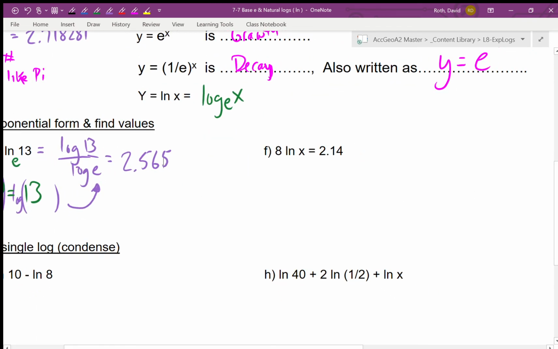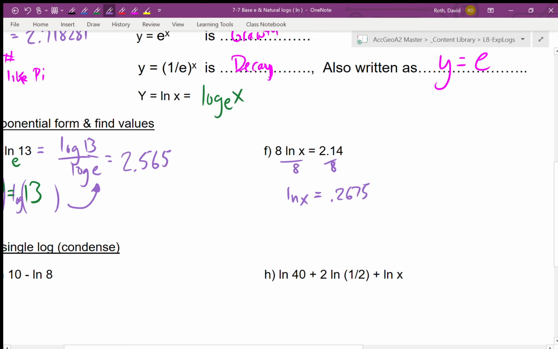Same deal here. Now, before I solve for x, don't forget, I really should get the log all by itself, so I should divide by 8. And then the natural log of x is equal to, whatever that is. I didn't do this last year, so I don't have the decimal written down, but 2.14 divided by 8 is 0.2675.